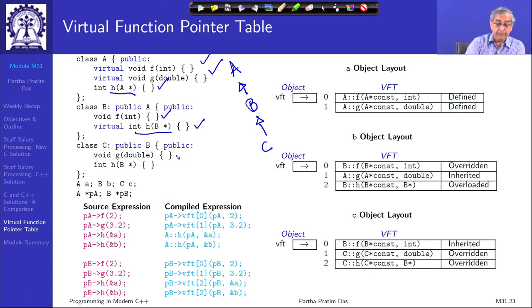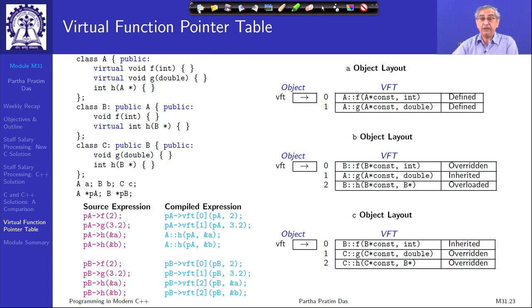Similarly, coming to C, f is simply inherited, G is overridden, H is overridden as well. So, in this context, if you look at the virtual function table, A will have two virtual functions at 0 and 1. It happens in the order in which you define them. So, functions f and g are just defined.